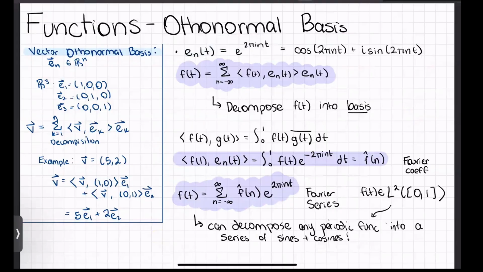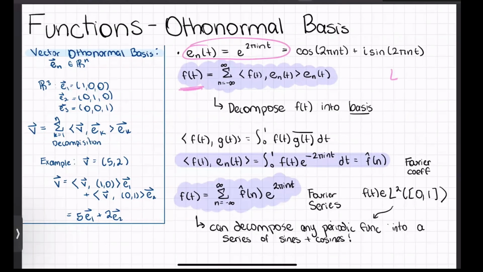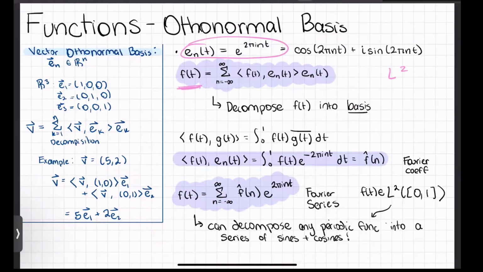So moving forth, now that I've told you that this is our basis, we can now make a formula of how to decompose any function in the L squared space into its basic building blocks. So again, let's just follow the formula, the same thing we did for vectors. We know that the dot product of f of t and g of t is right here.